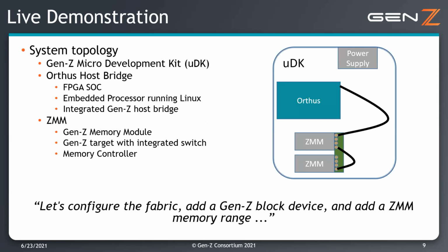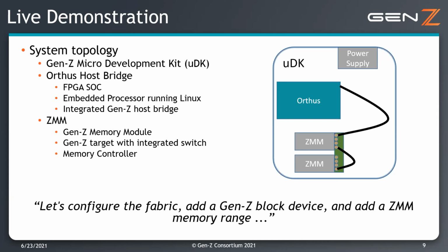Next. All right, before we get to the actual live demo, one last slide to talk about the environment that I'm going to show. We have an even simpler system topology than was represented earlier on those slides. This is some hardware called the Gen Z Micro Development Kit, or UDK.